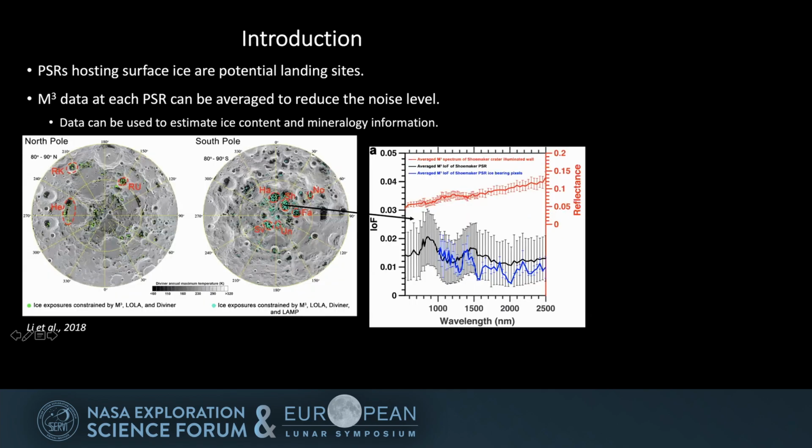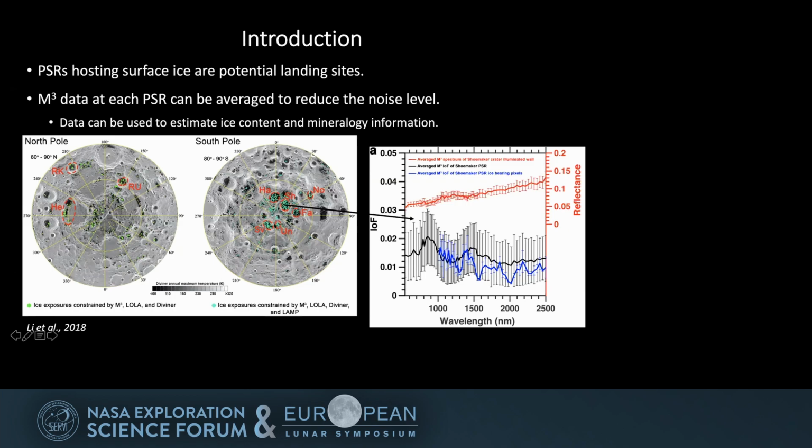And the PSRs hosting abundant surface ices are potential landing sites for future exploration. And the Moon Mineralogy Mapper data used in this study at each PSR can be averaged to reduce the noise level.